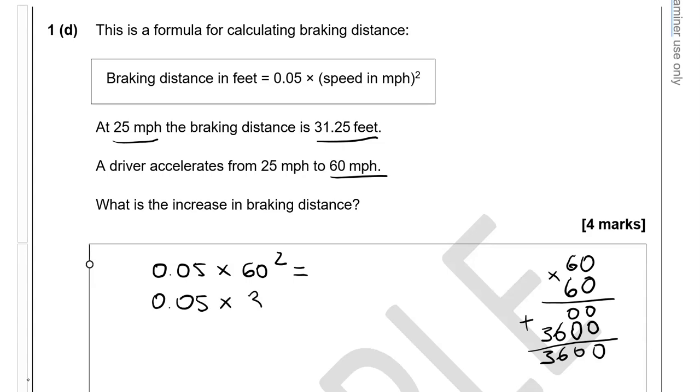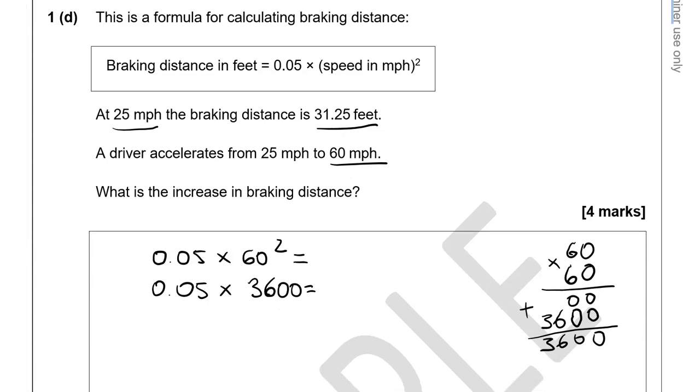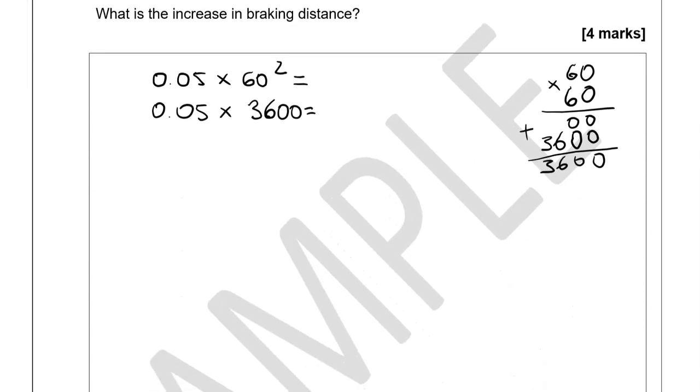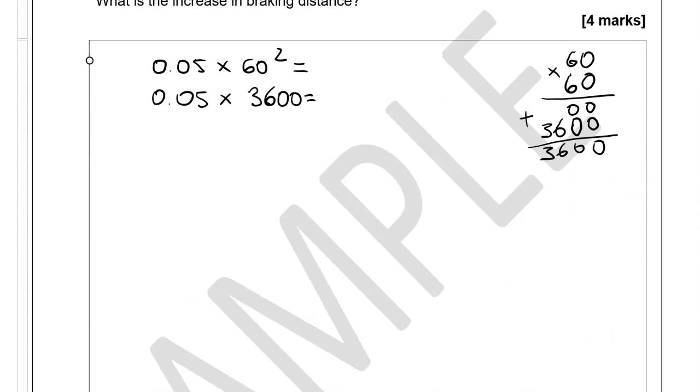0.05 times 3,600. Multiplying the number by 0.05 is the same as dividing them by 20. So you could do that instead. But what I'm going to do is just 3,600 times 0.05.